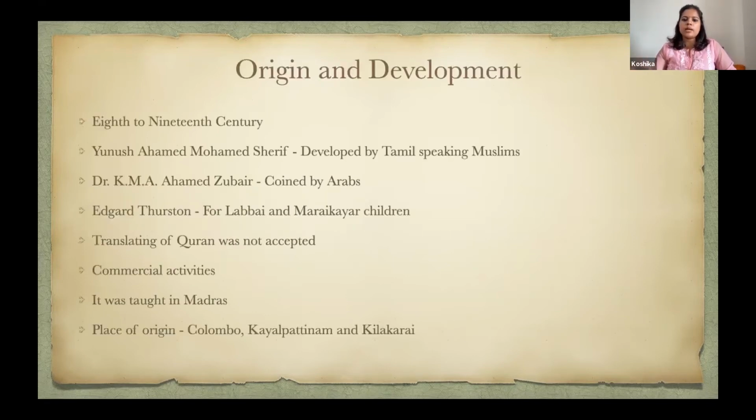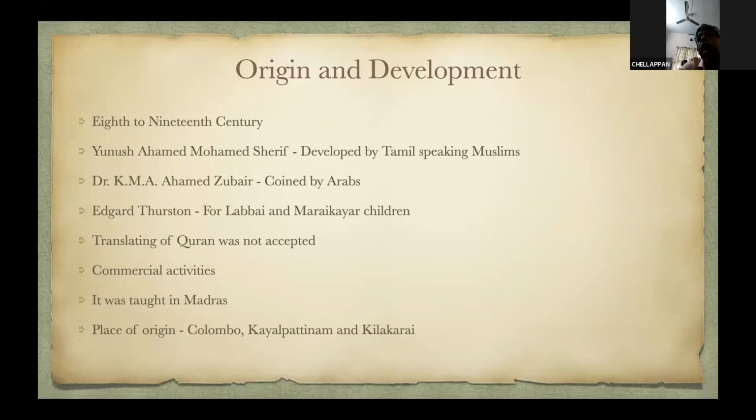So yeah, this is the origin and development. The proper origin of Arabi is not yet confirmed. We have no evidences because a lot of scholars don't have much interest in, I don't know why, but Tamil Muslim culture has been left out from a lot of studies.